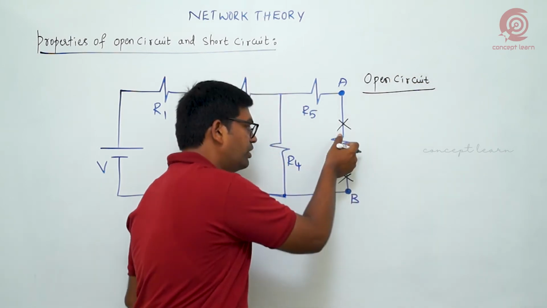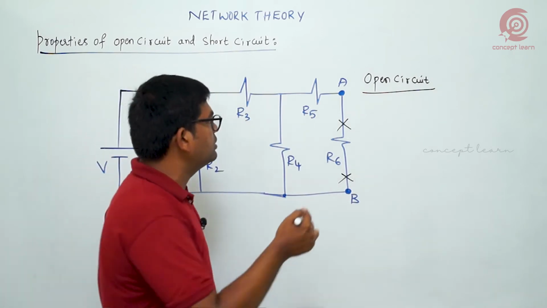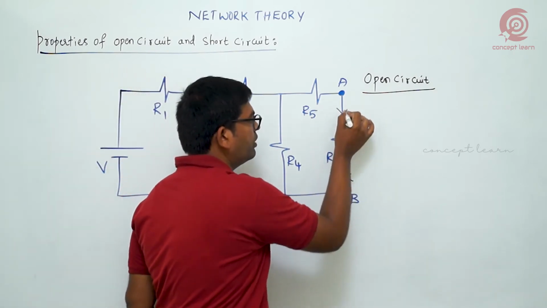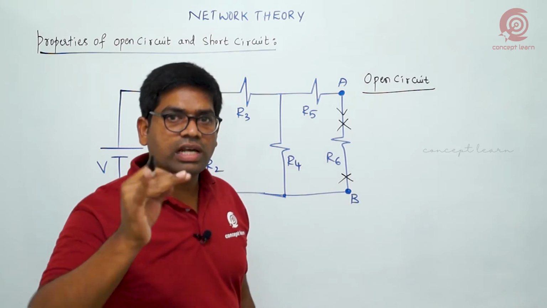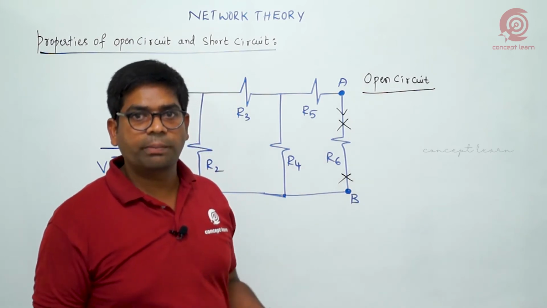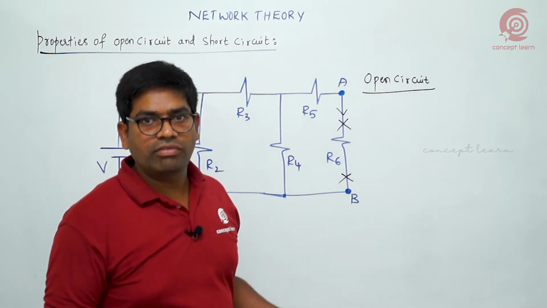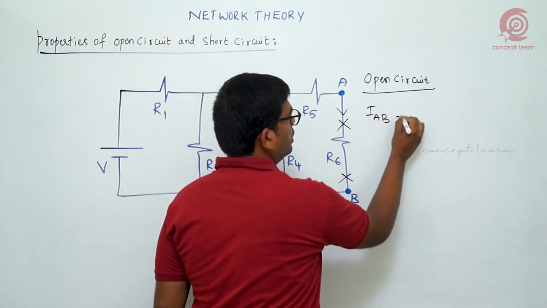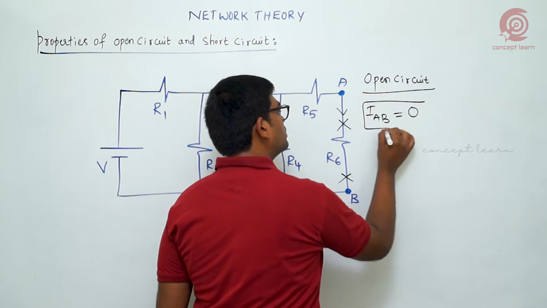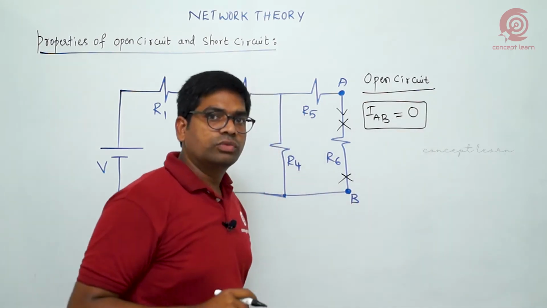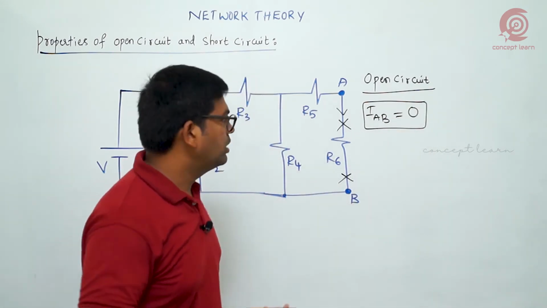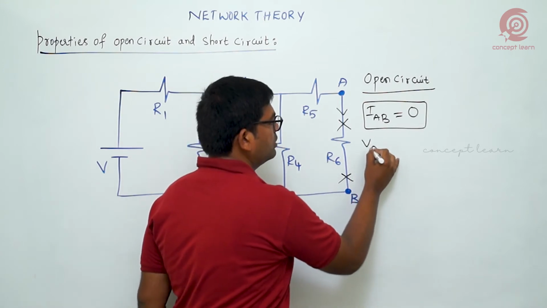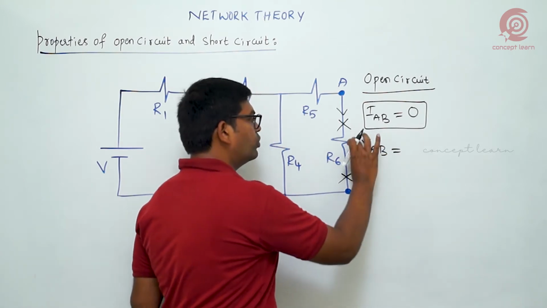When we open, what will be the current through the A and B terminals? Definitely, open means no current is flowing because there is no path. So the current through the A and B terminals becomes 0 amperes. What will be the voltage between the A and B terminals? Yes, definitely some voltage will be there.